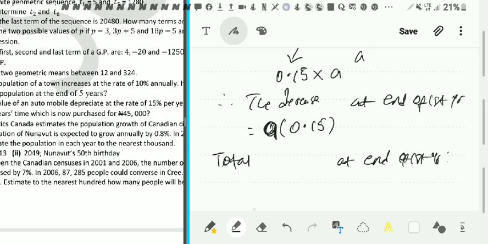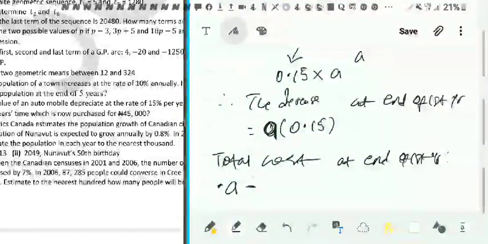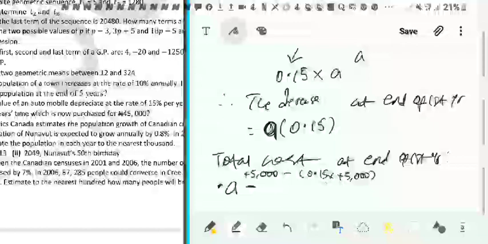So now if one wants to get the total cost at the end of the first year, that will be the original amount, 45,000 naira, which is the money at the start of the year, minus 0.15 times 45,000, which is 15% of this.